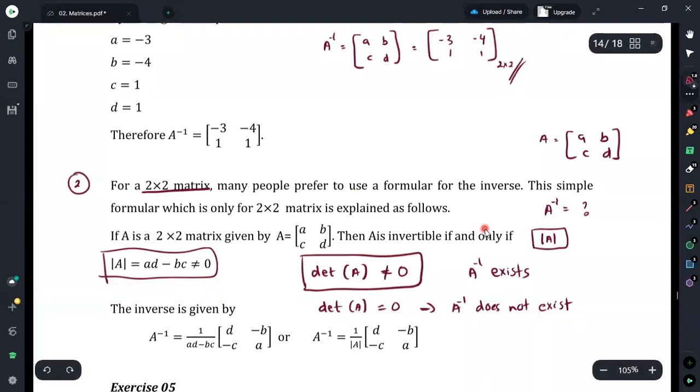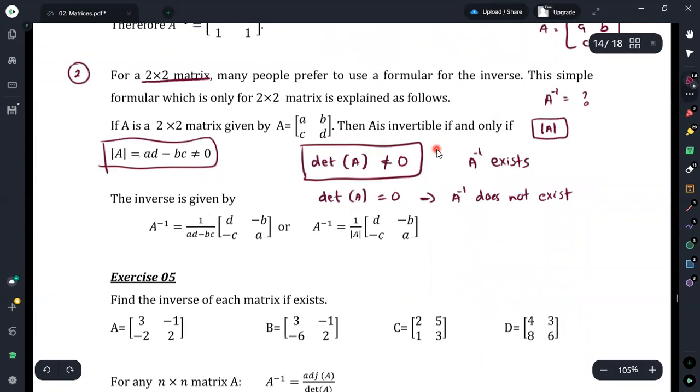Now we need to first identify whether A inverse exists or not. If A inverse exists, then we have to move on to the calculation. I told you that this method is only valid for 2 by 2 matrices.